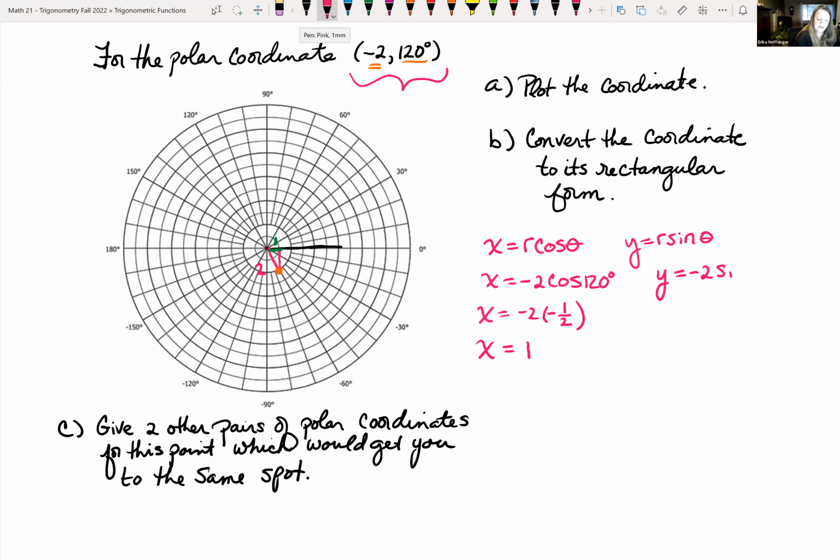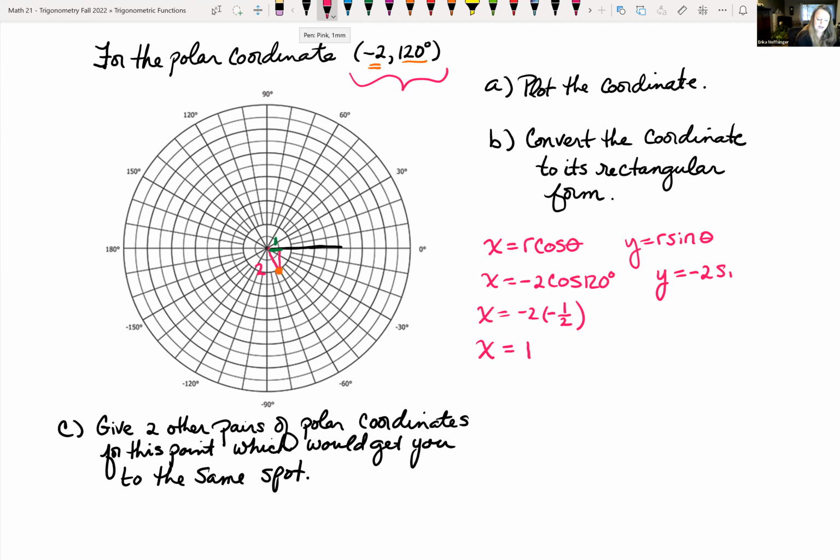So the rectangular coordinate point is (1, -√3), which is what we would get if we figured out the opposite side of the angle. And you should see that you would be falling in the same quadrant as the point of our polar coordinate.